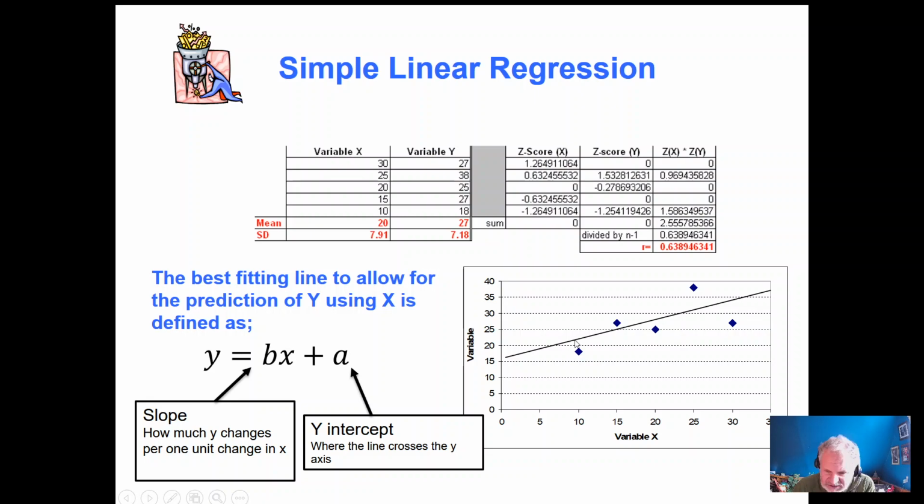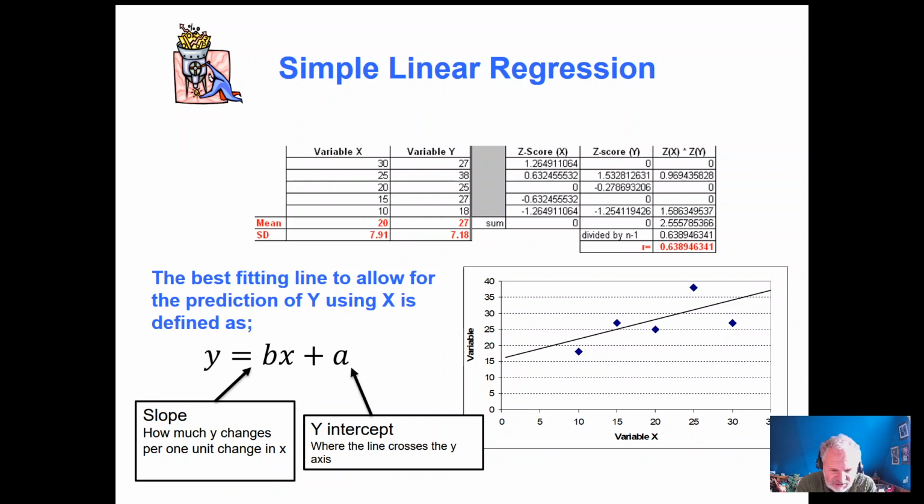So that distance between the line and the diamond, that distance squared, is the least it can possibly be for that line. So what I need to do is determine the slope, the equation for that line.